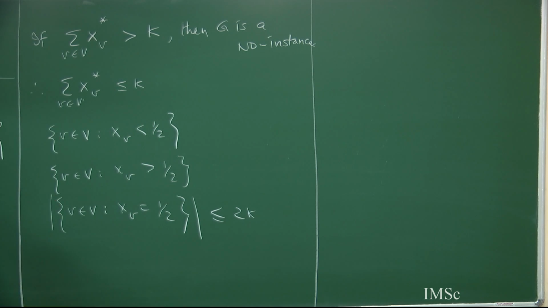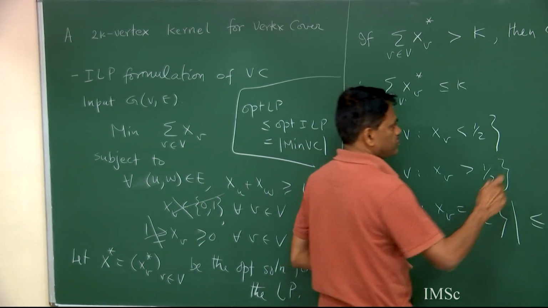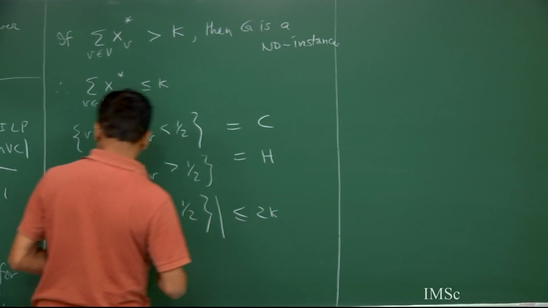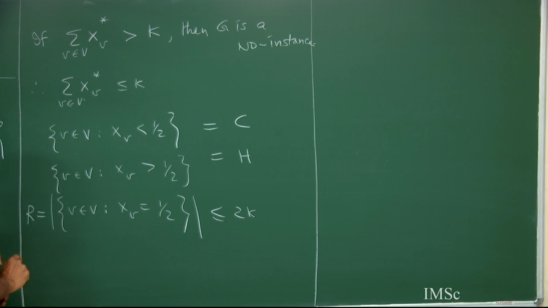That's going to be my kernel. Somehow I am going to get rid of these sets. So if these sets are empty, you are already done. If not, I am going to give you a crown. Okay. So what is a crown? I claim that this partition is actually a crown.